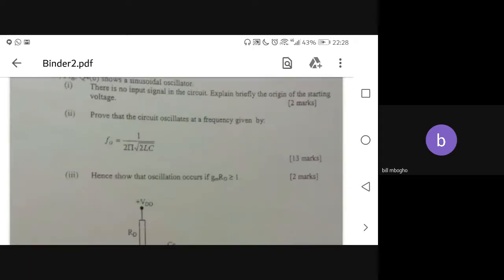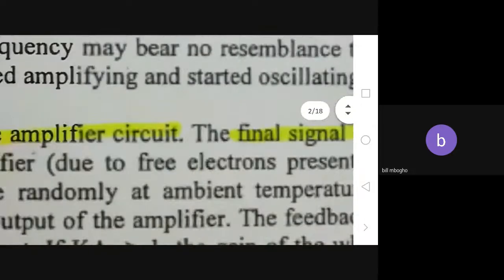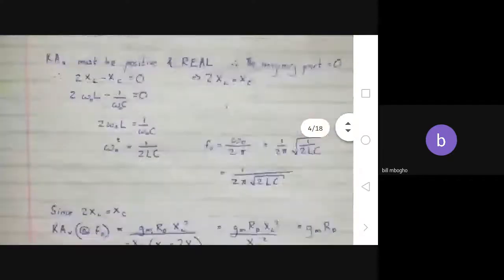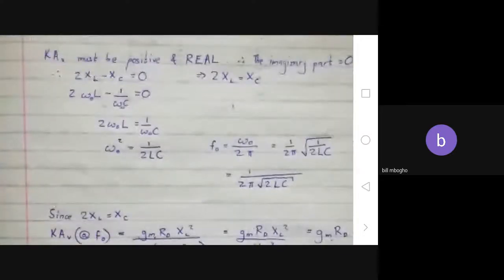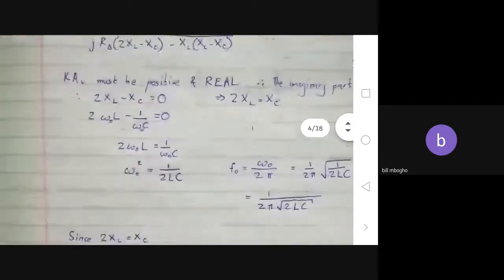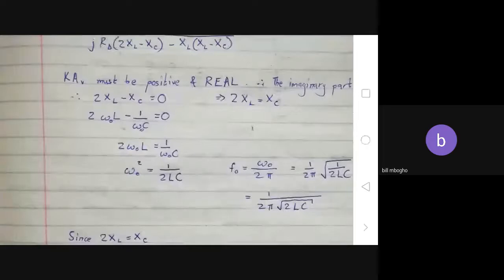So just showing that. How have we shown that oscillation occurs? It's over here. Once you've gotten the resonant frequency, there's the condition that you use to get it. That's 2XL is equal to XC.